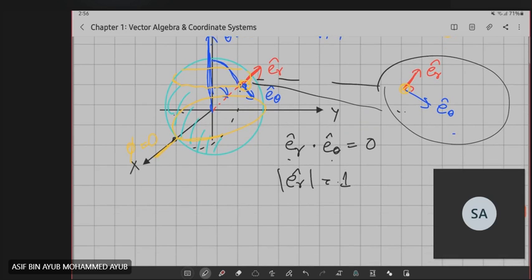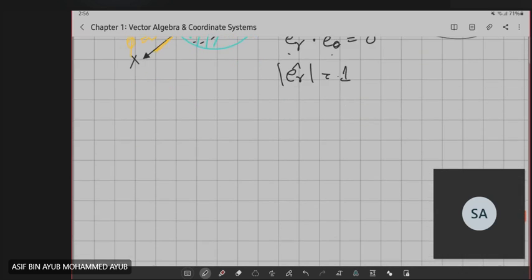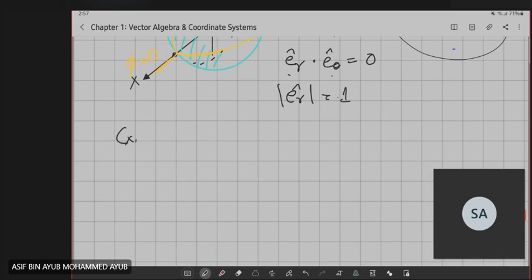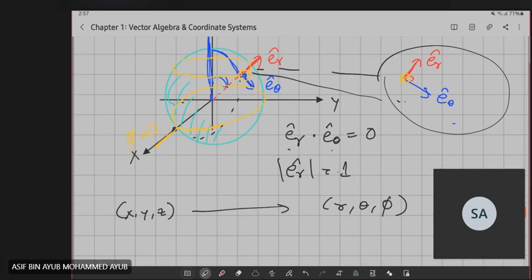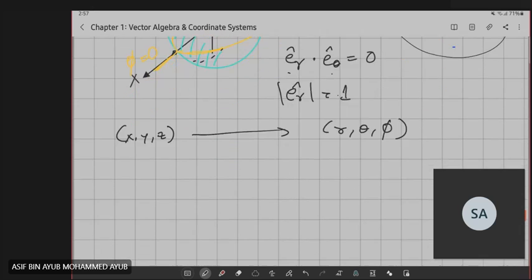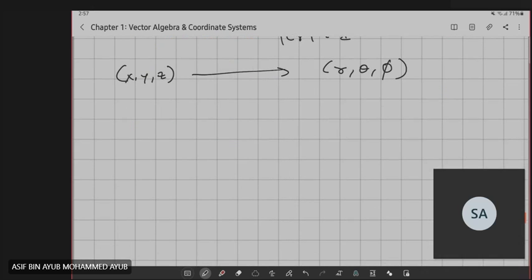Now, how do you move between coordinates? Suppose I know a point x, y, z, and I want to know how it looks in r, theta, and phi. Doing this will need a bit of imagination, and I'm not that great at drawing, but I'll try my best. Now, what's r?